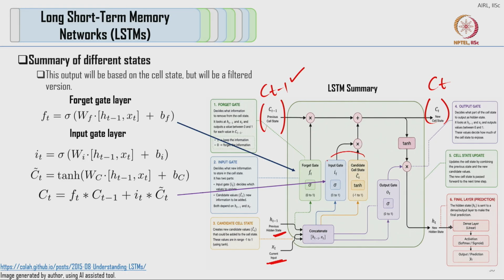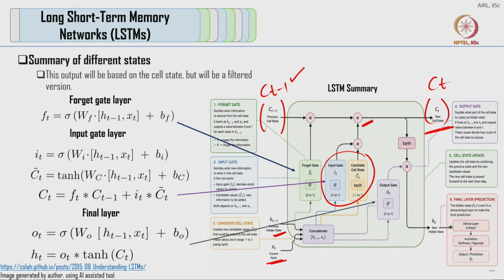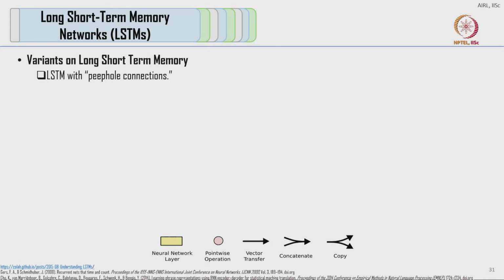We also have the new input gate and the candidate cell structure, which essentially adds information of the new candidate cell to the previous cell state, and finally we have Ct, which is the modified version of the new cell state. Once we have Ct, we have the new hidden state and the output ht, right.